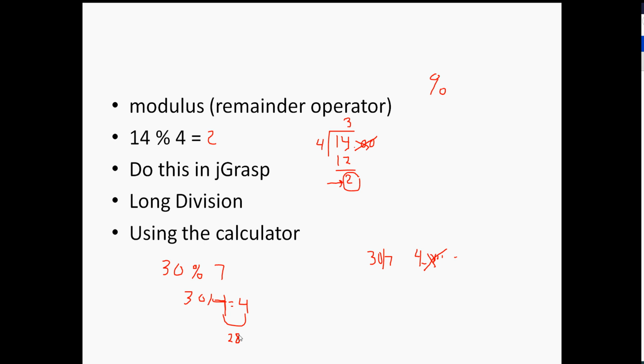So you still have 2 left over in order to get to 30. That's another way you can use the calculator if you need to, but you're going to have to multiply in there and see how much further you have to go. Anyway, so that's modulus.